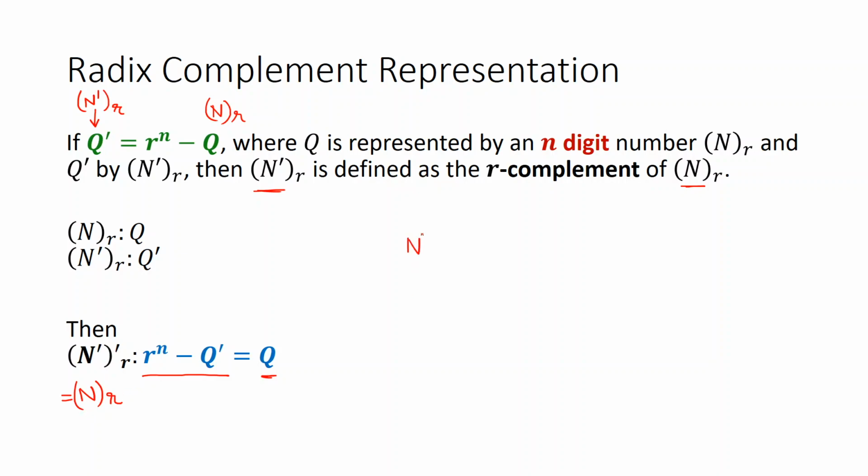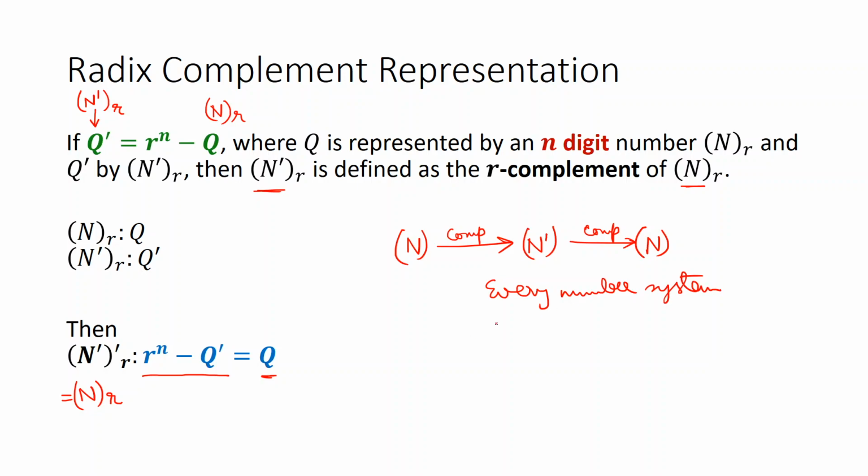So if you start with a number, take a complement, you get some number, you take another complement, you get back the number. This happens in every number system. This is true in every number system.